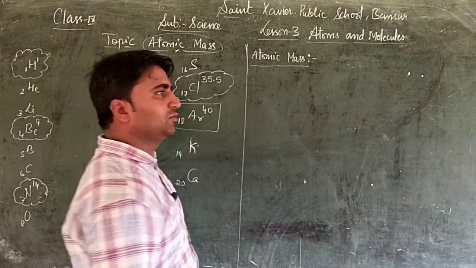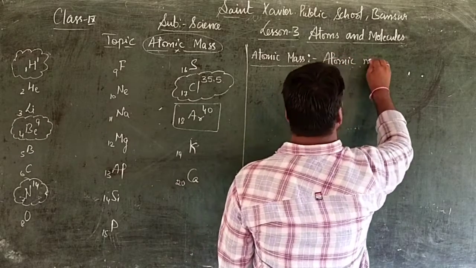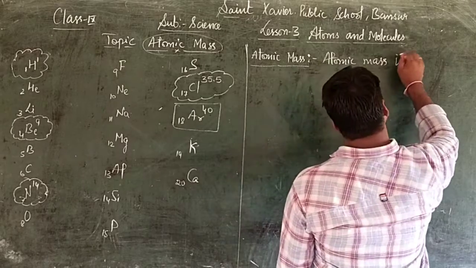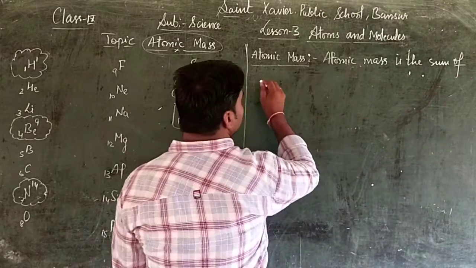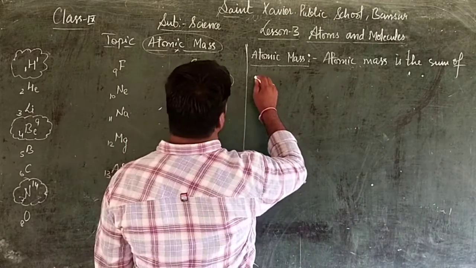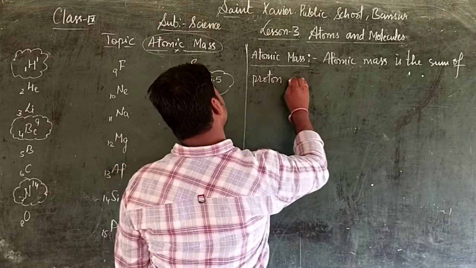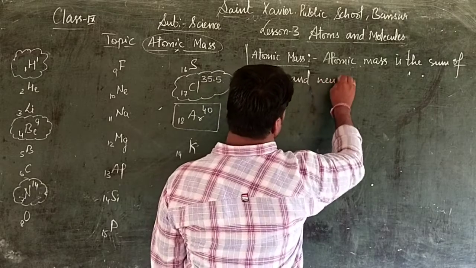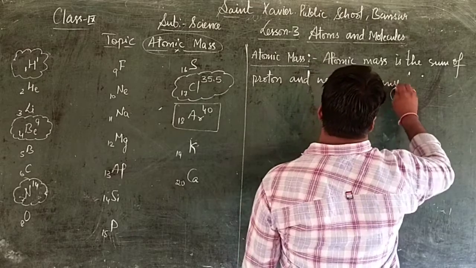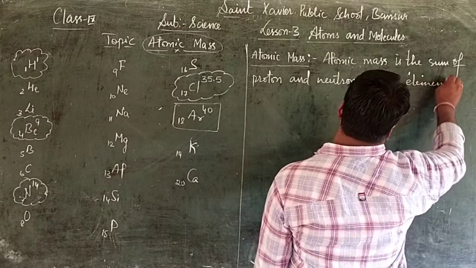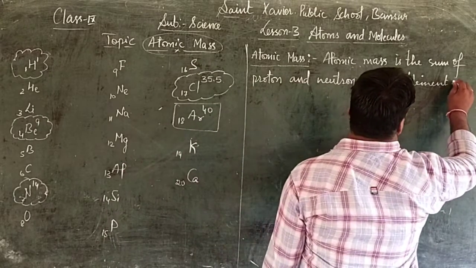Atomic mass is the sum of protons and neutrons of any element's atom, you can say.